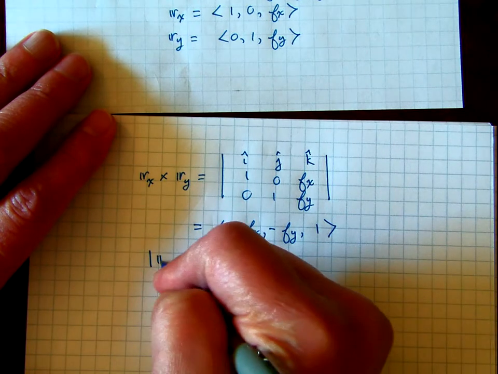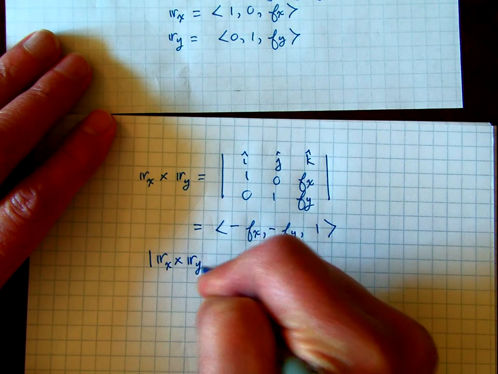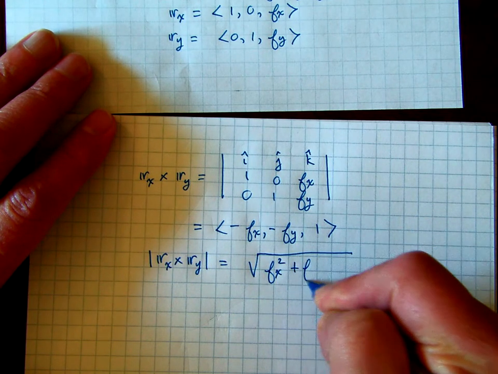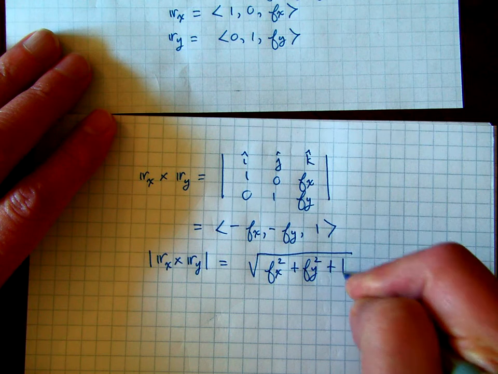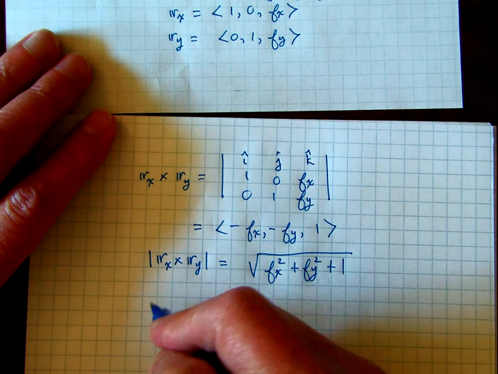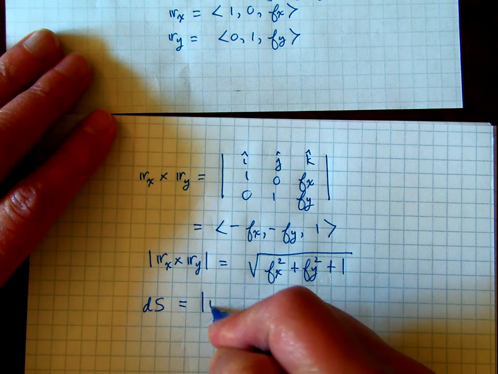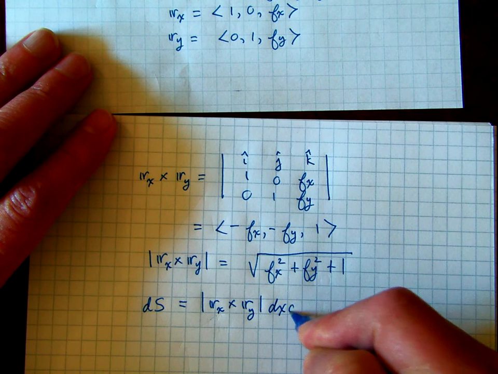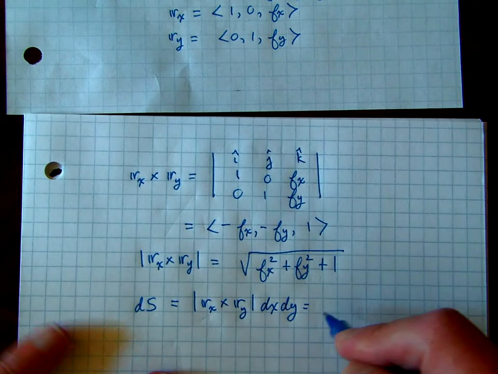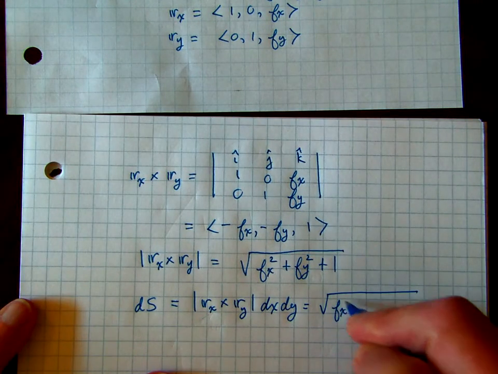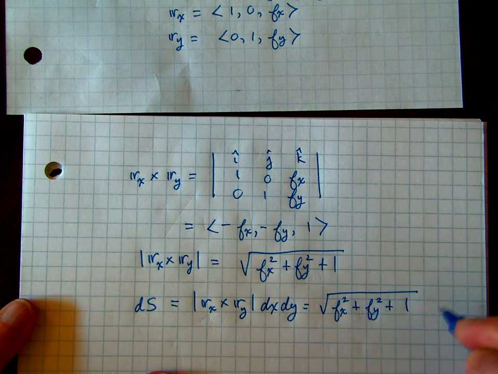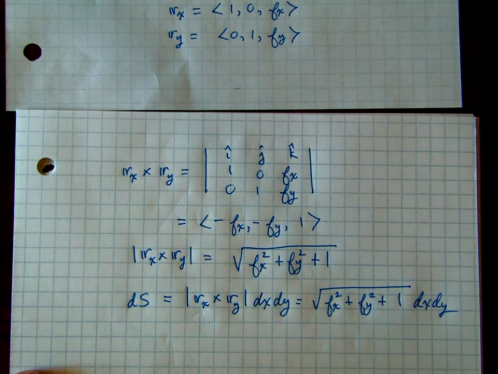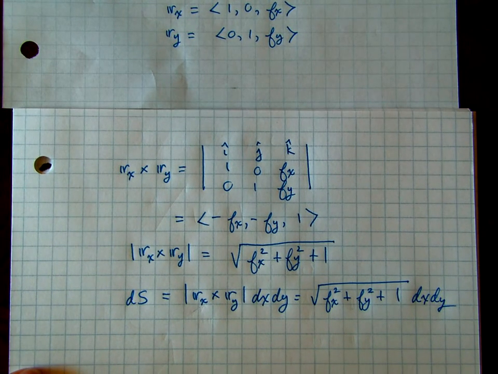If we take the magnitude of r_x cross r_y, we're simply going to have the square root of f_x squared plus f_y squared plus 1 squared. And so if ds is the magnitude of r_x cross r_y times dx dy, we just found out that we got this: the square root of f_x squared plus f_y squared plus 1 squared, and we have dx and dy, which we've seen before. In fact, we saw that in the previous chapter when we were talking about surface area.